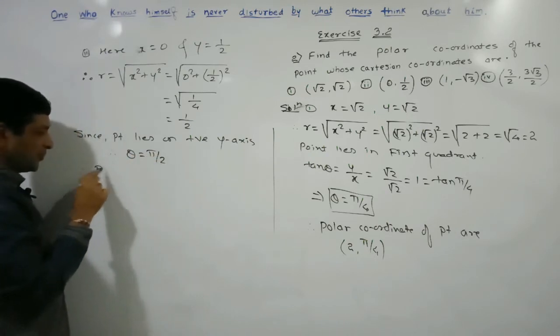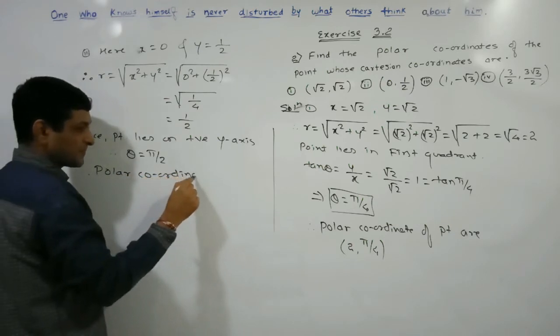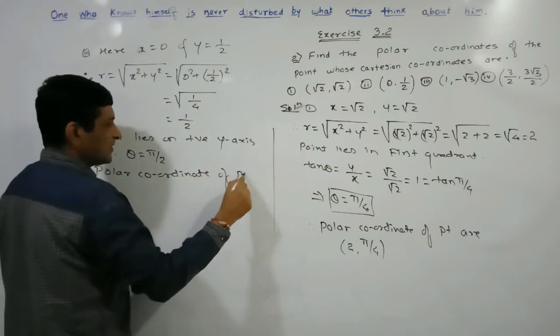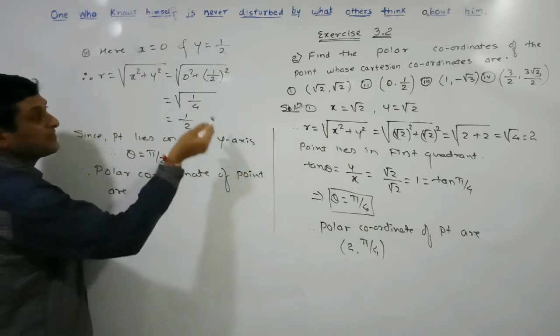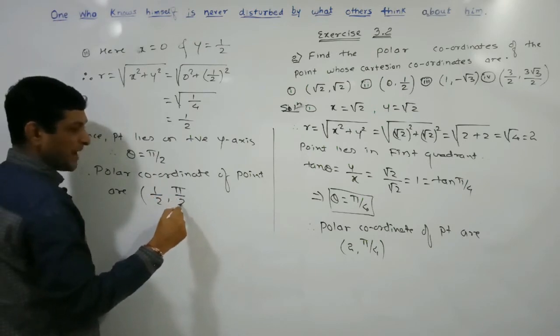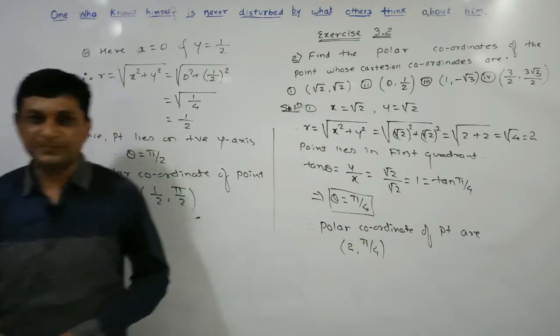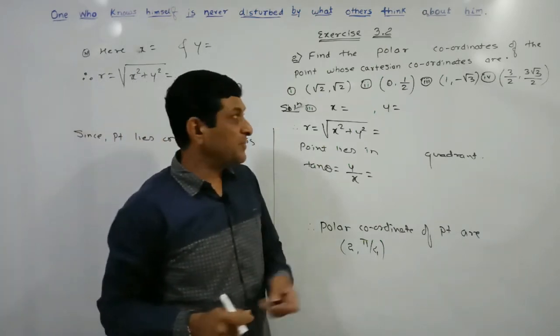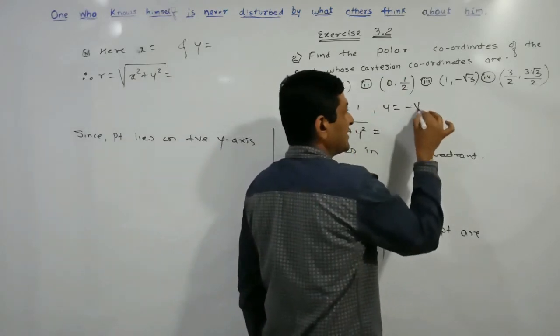So therefore polar coordinate of point R. So what are the polar coordinate? Here value of r is 1 by 2 and theta is equals to how much? Pi by 2. In this way we have got the polar coordinate of this point. See, now in the third example, value of x is equals to 1 and y is equals to minus root 3.